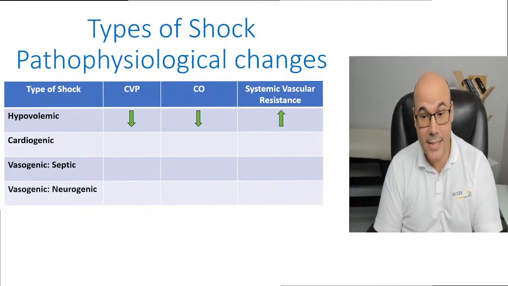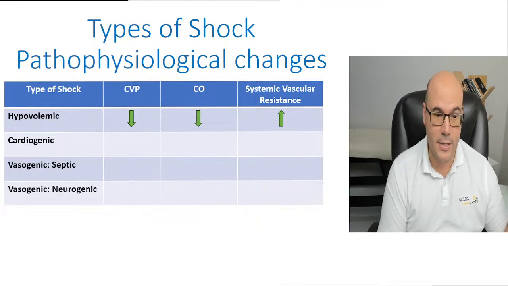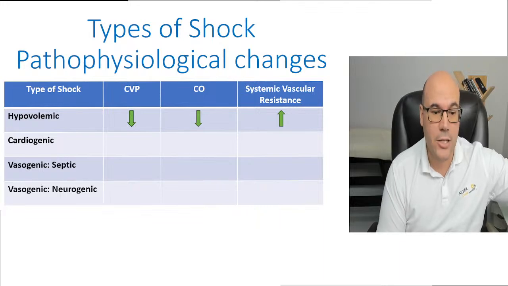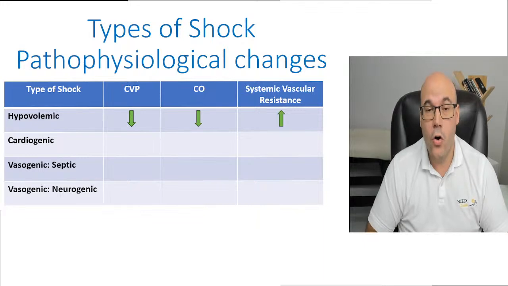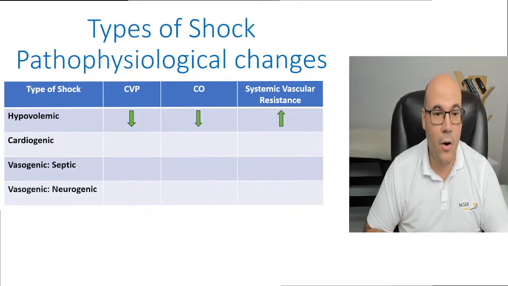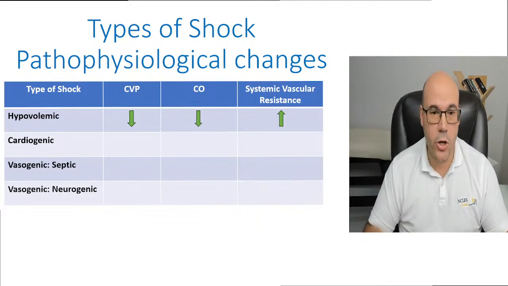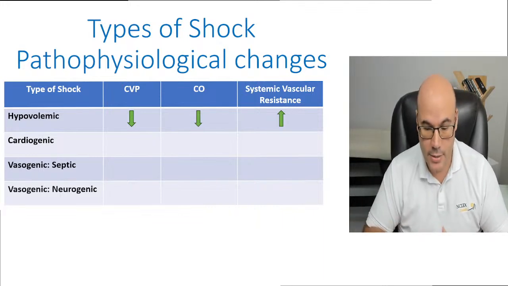Because, as a compensatory mechanism that you know already from the beginning of the presentation, there is peripheral vasoconstriction trying to compensate for the low volume. See why it makes sense now that in a patient in hypovolemic shock, the CVP and CO are decreased while the systemic vascular resistance is increased.